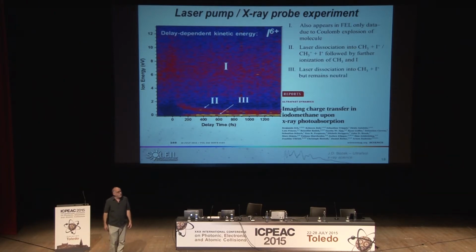But this third region here is an interesting one. It's a neutral fragment of methyl with an iodine, and the methyl has to remain neutral because there's no kinetic energy increase as a function of time. But there is an intensity increase from 0. You can see there's no intensity at 0. It only turns on after some time.